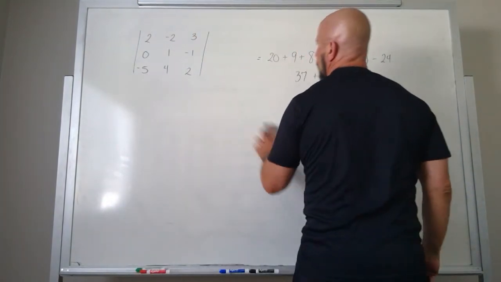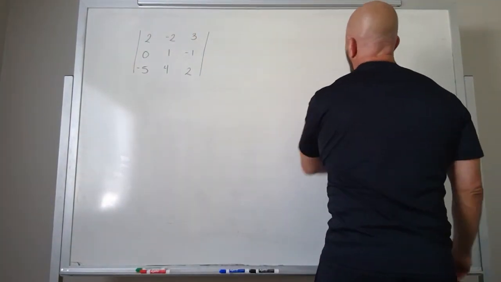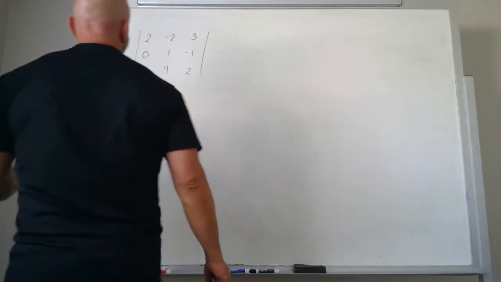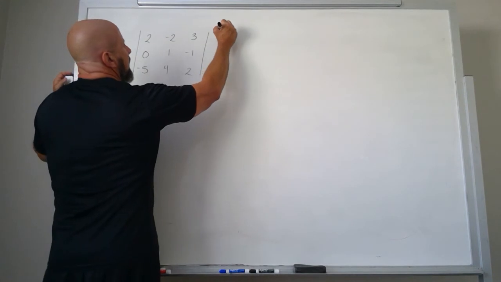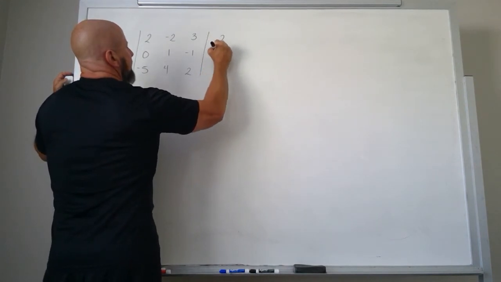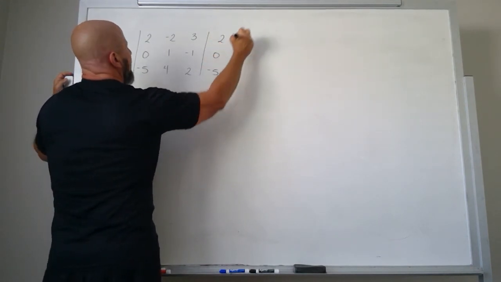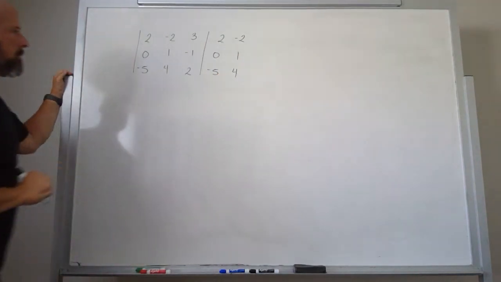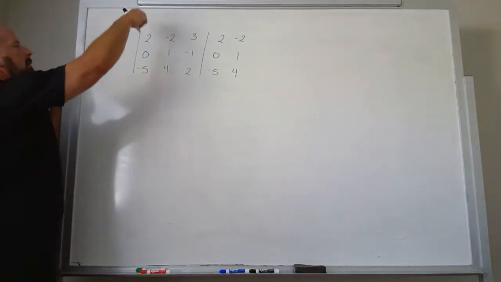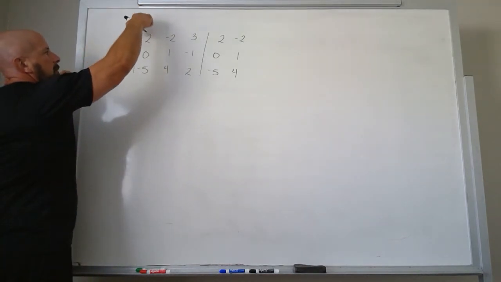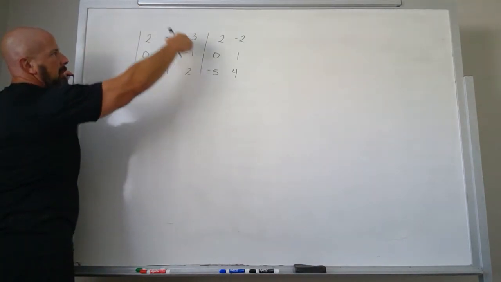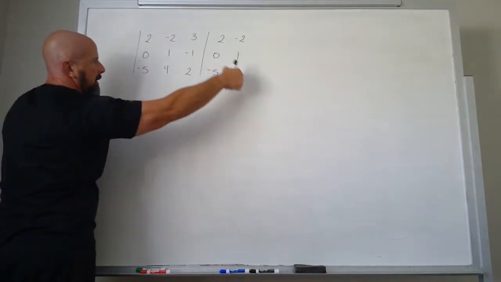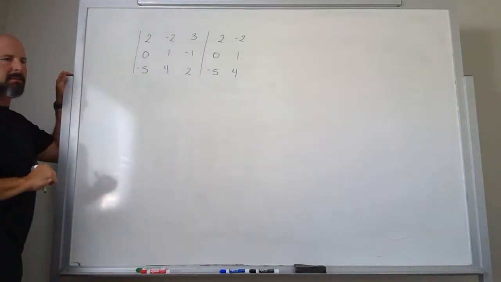So our first order of business, rewrite the first 2 columns. Now the nice thing about rewriting the first 2 columns, it keeps you moving diagonally just like you did for the 2 by 2. I'm going to start here at this 2, going diagonally, then the -2 diagonally, then the 3 diagonally, all plus.